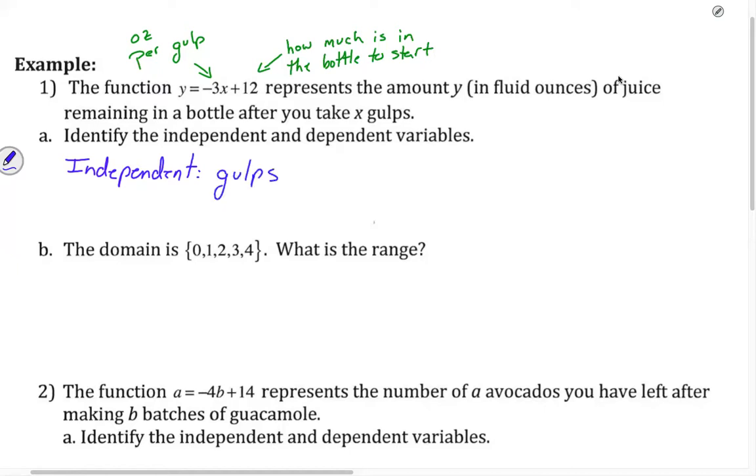Well, one, it says x gulps, and we know that x is the domain, it is the input, it is the independent variable. So the independent variable is the gulps, meaning the dependent variable is the ounces left.